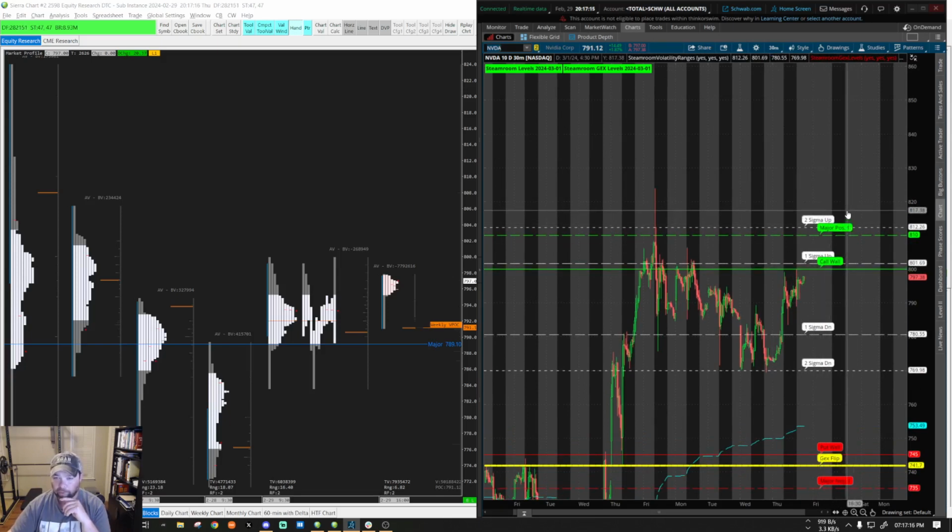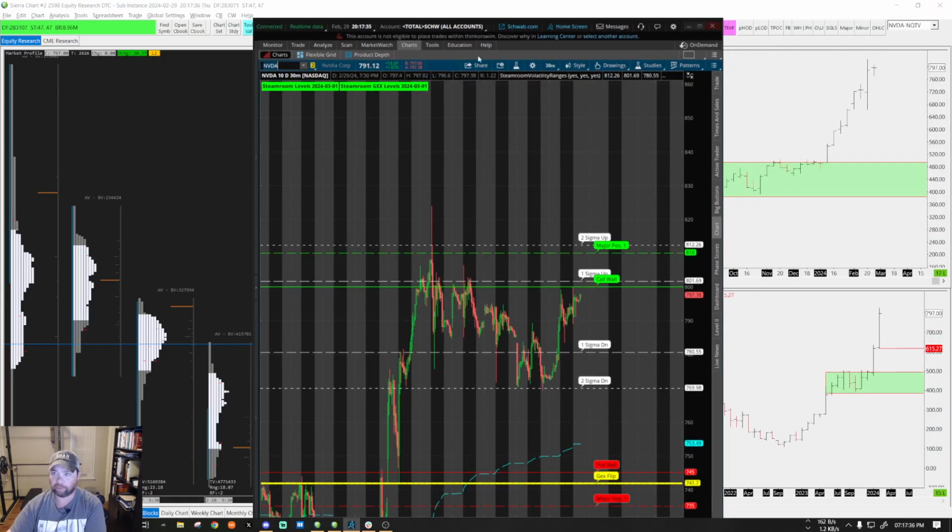I wouldn't want to hold this too long above the 2 sigma level, take profit into strength. But that's why I would look to play that. Try to get a pullback around 789, and then look for us to build higher value on the day. That's a good looking chart.